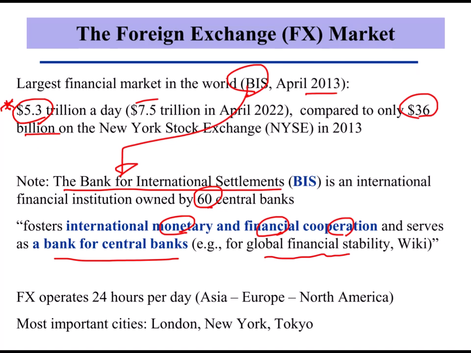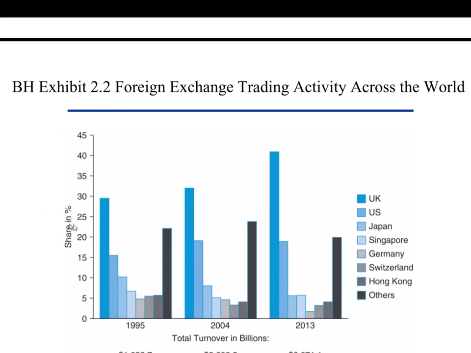Anyway, the FX market operates 24 hours per day. It starts with Asia, then Europe, and finally North America. So you can trade FX anytime you want. The most important cities would be London, New York and Tokyo. Baker-Hardwick Exhibit 2.2 gives you the foreign exchange trading activity across the world, comparing 1995, 2004, 2013 in billions of dollars.